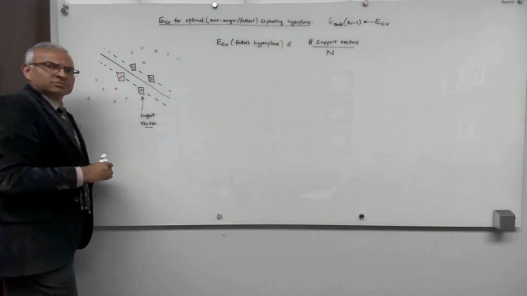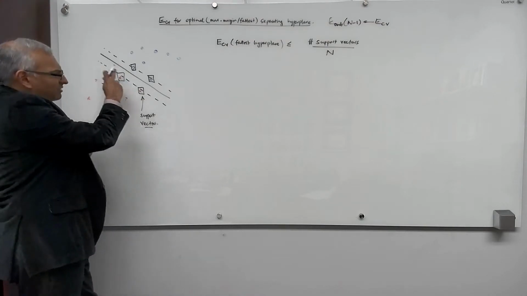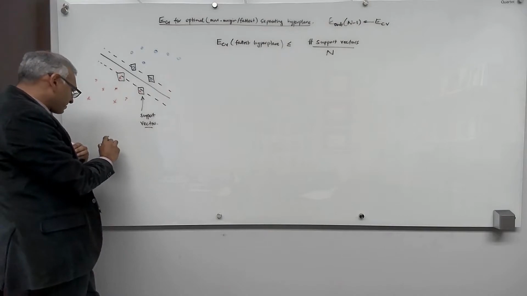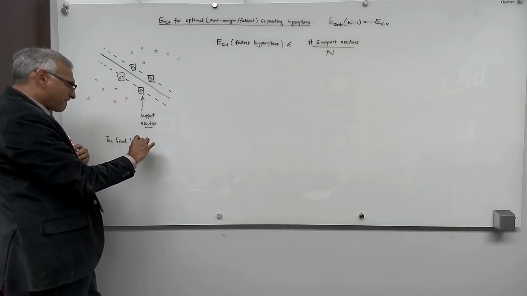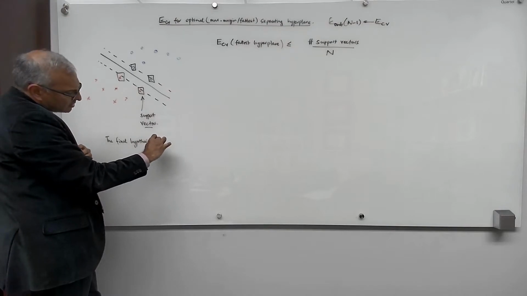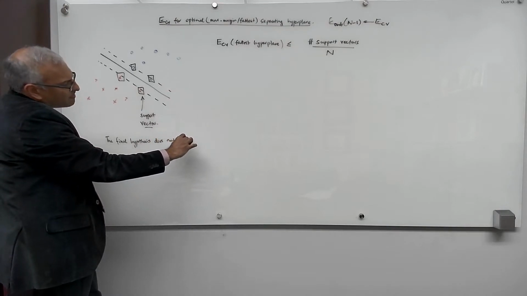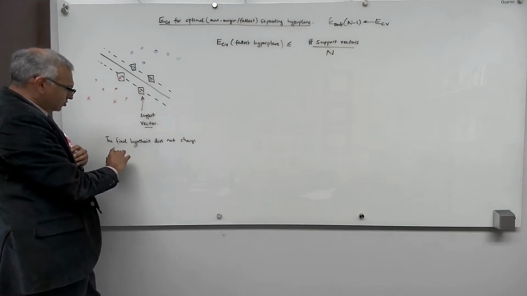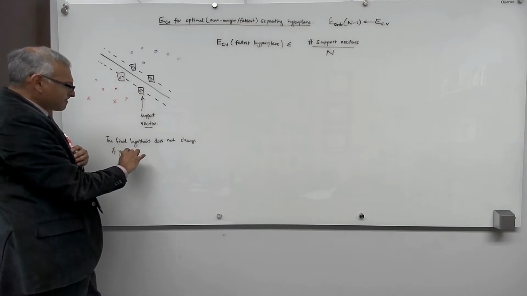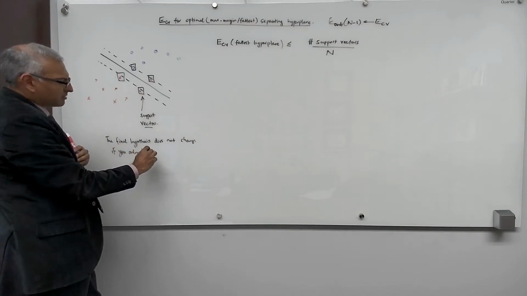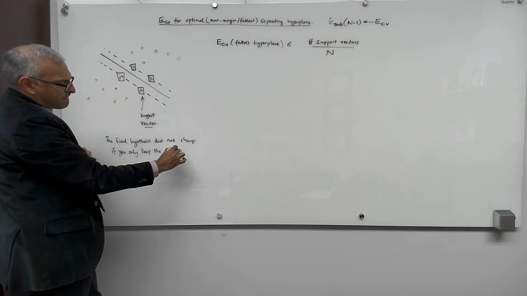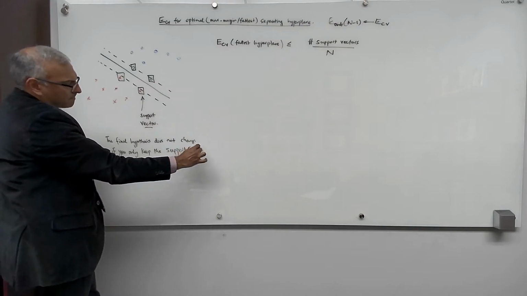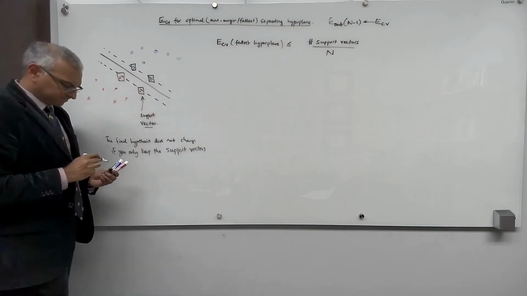So, summary, the final hypothesis does not change if you only keep the support vectors. These data points that are on the cushion.